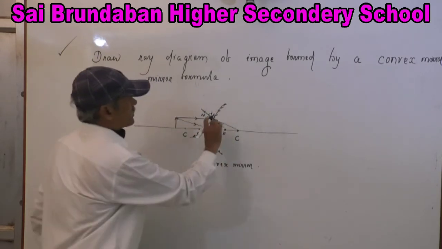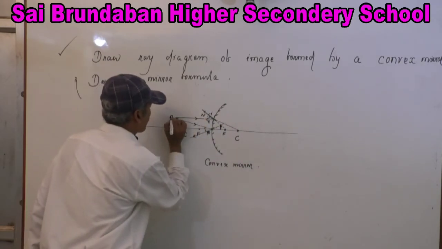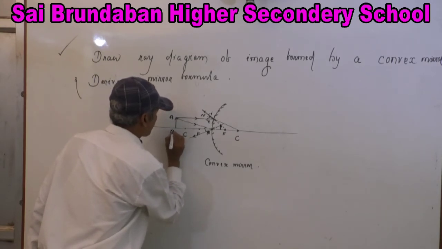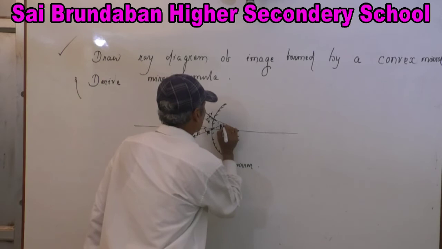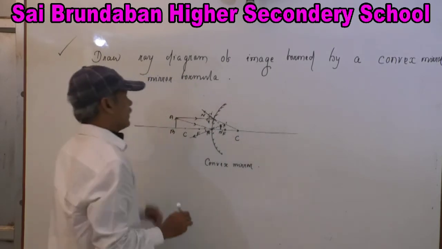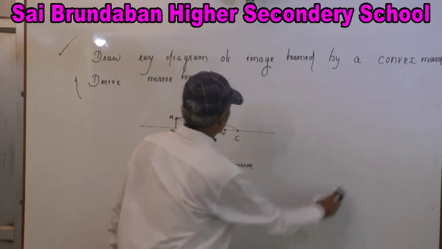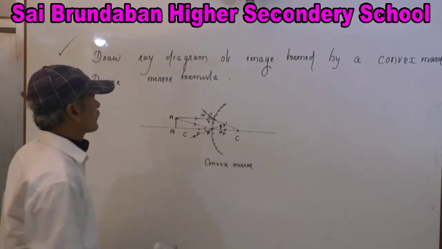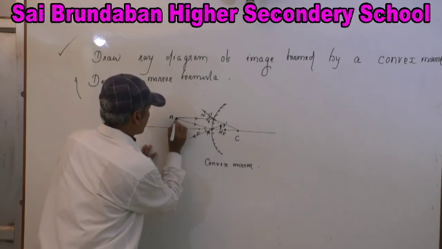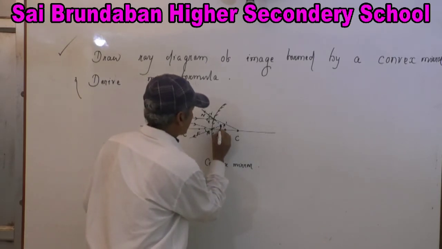This is the virtual image of the object AB, and the image is named as A dash B dash. You see, here is the object, here is the image.